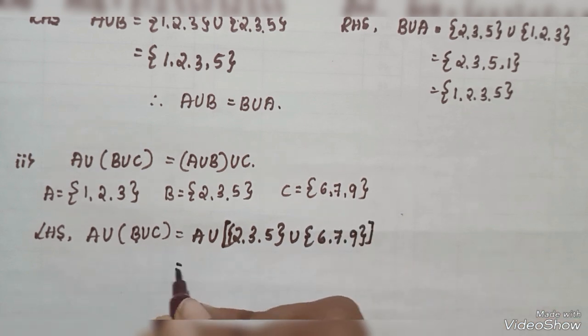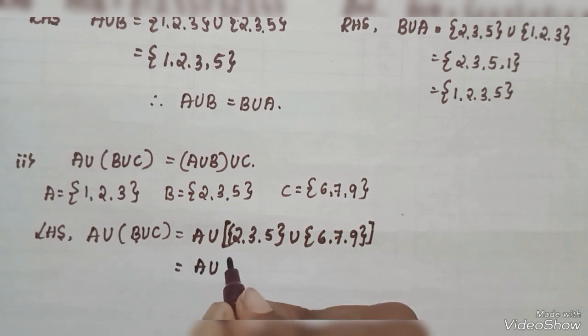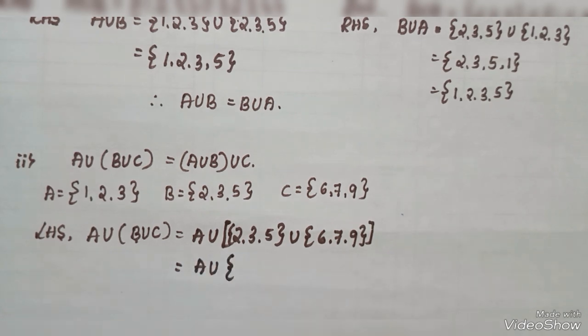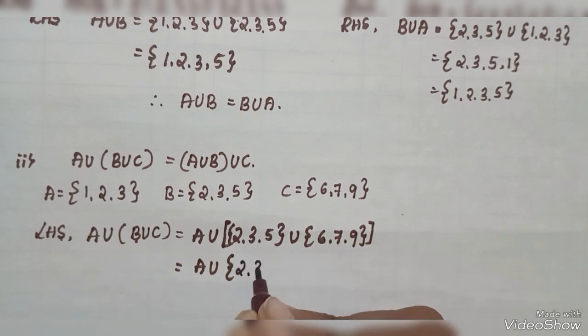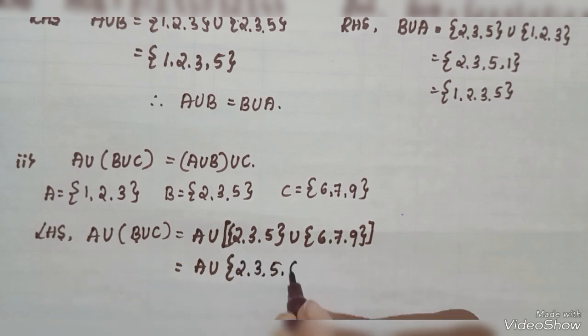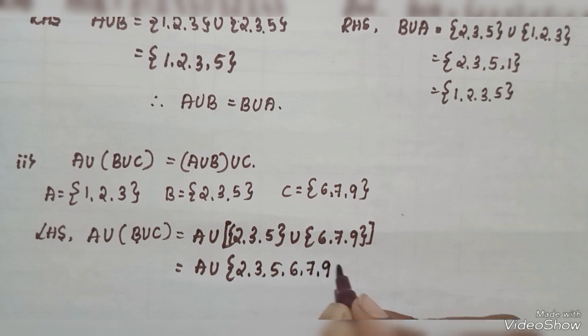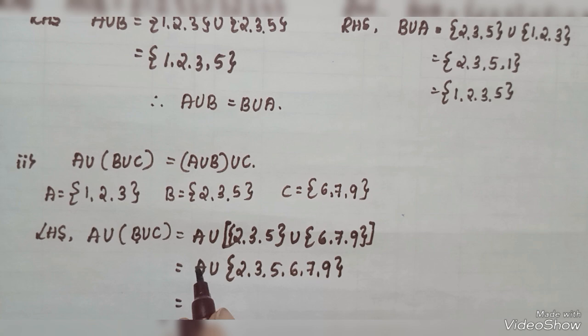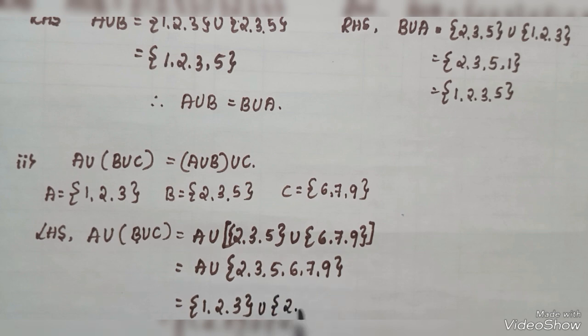Here in these two sets there are no common elements, so I am writing 2, 3, 5, 6, 7, 9. Here I have written the A set, 1, 2, 3, and this is B union C: 2, 3, 5, 6, 7, 9.